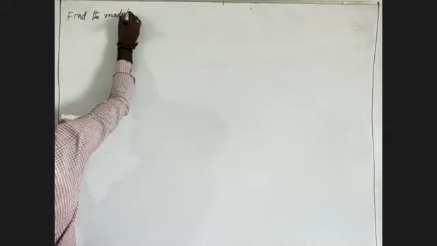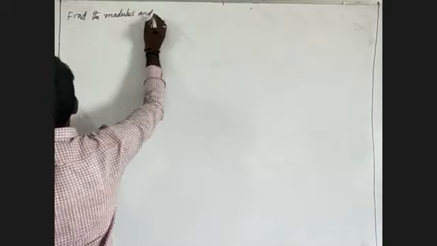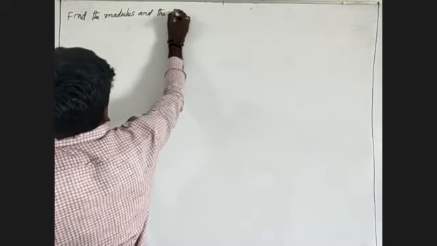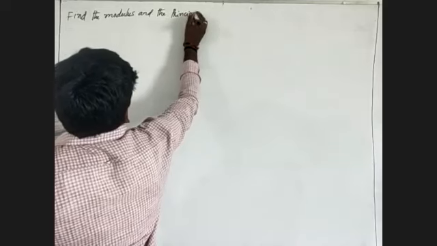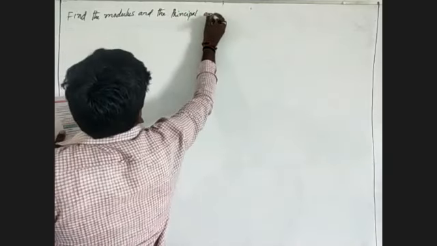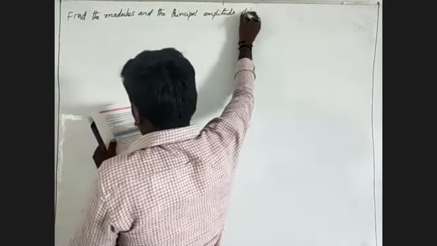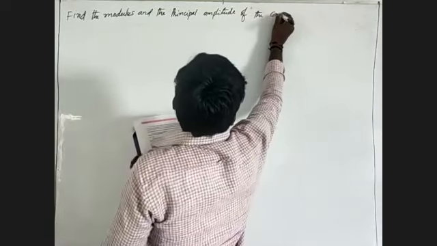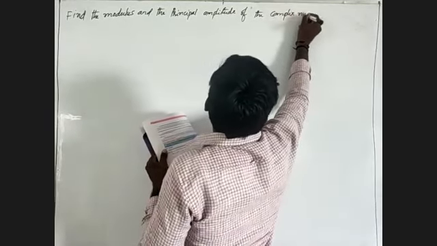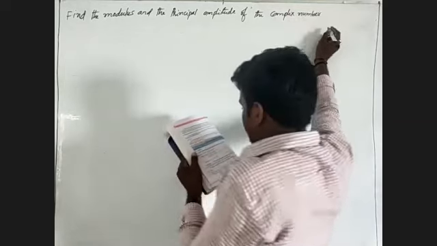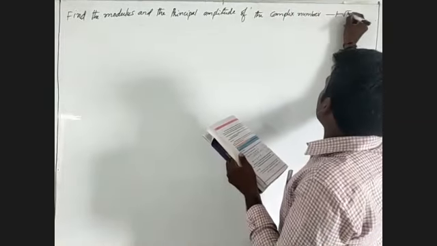Now I am going to the first example: find the modulus and the principal amplitude of the complex number minus 1 minus root 3i.